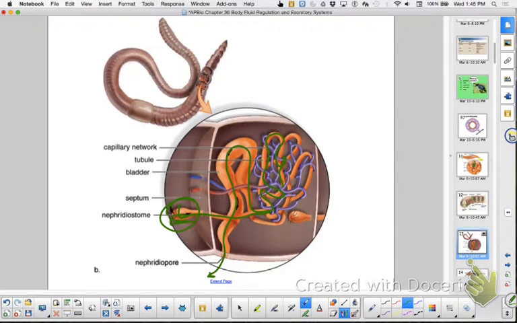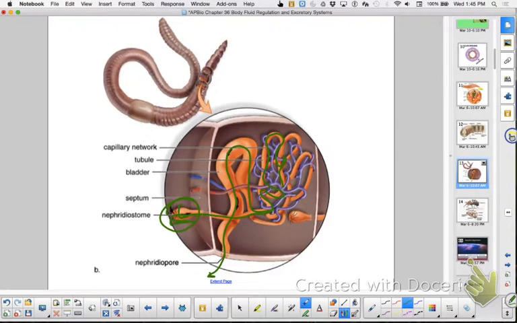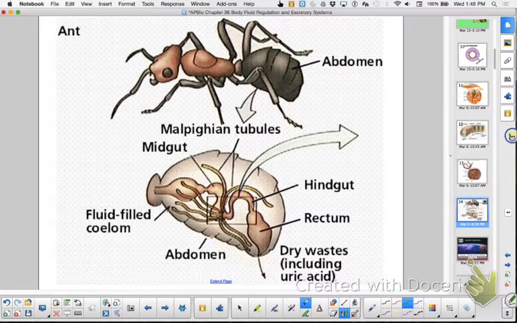All right, and then the next example we want to look at are the Malpighian tubules that you find in insects. We've talked about this before, that insects have an open circulatory system, and their gases are moving due to their tracheal tubes going through their open spiracles. But in their hemolymph, this is how they move their nutrients and their waste. So these Malpighian tubules extend out from their gut into this hemolymph.